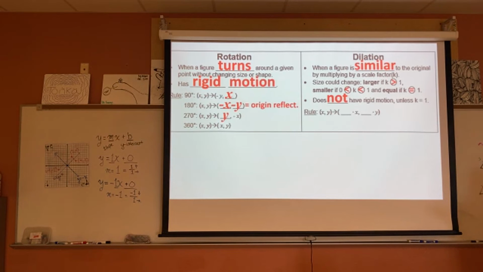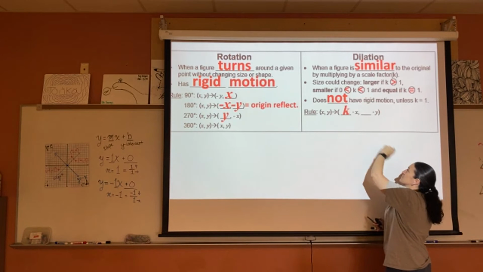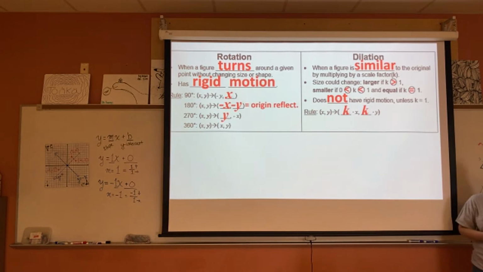This rule is actually very unique compared to all the other rules. The rule for a dilation, and it's really important to be able to identify a rule for a dilation, is the only rule that includes this specific operation. So we take whatever the scale factor is k, and we multiply it times the x and times the y. This is the only rule that has you multiplying a number times the x and the y.